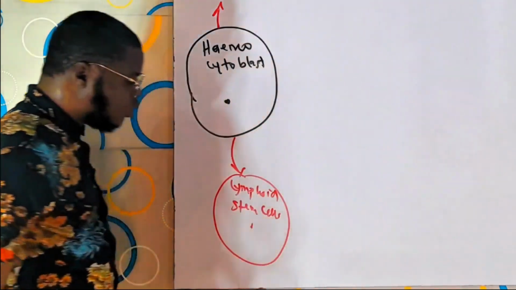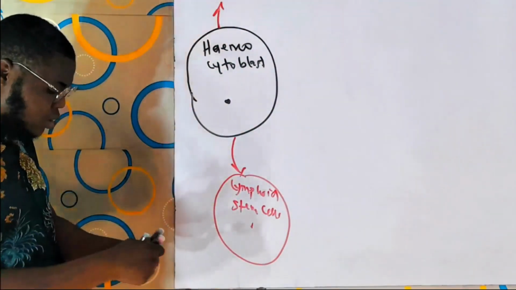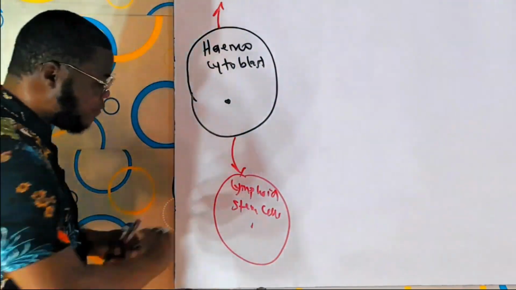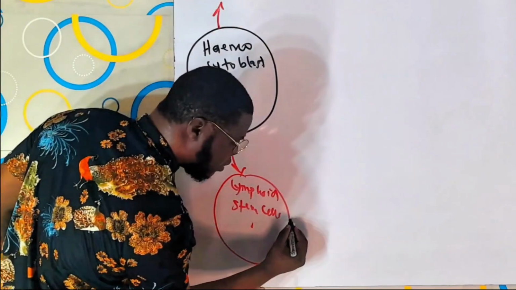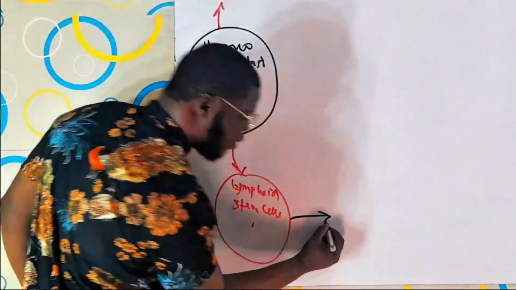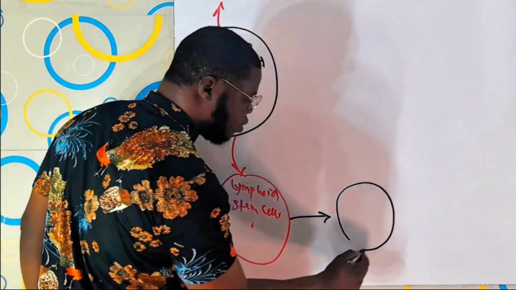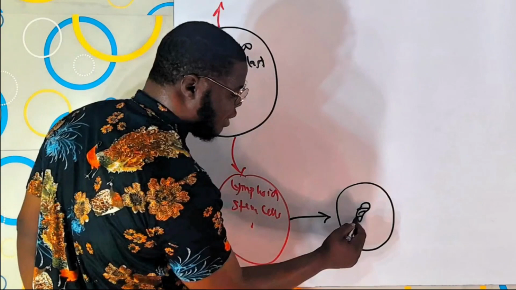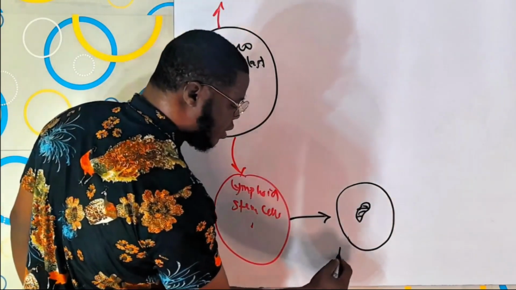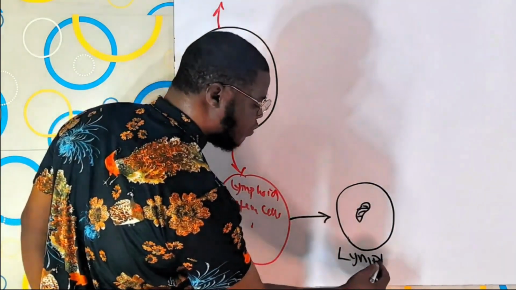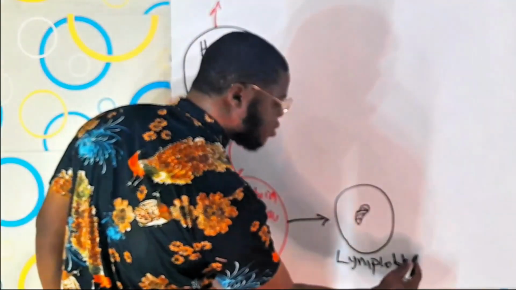Good. Now, we said this lymphoid stem cell can form the lymphocyte. And to form the lymphocyte, it has to pass through what? This stage. From here, it divides to blastic level. At the blastic level, you call these guys the what? The lymphoblast.